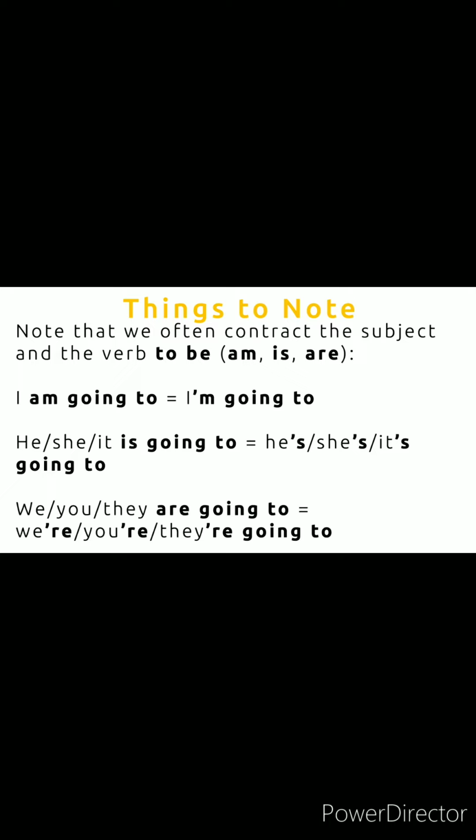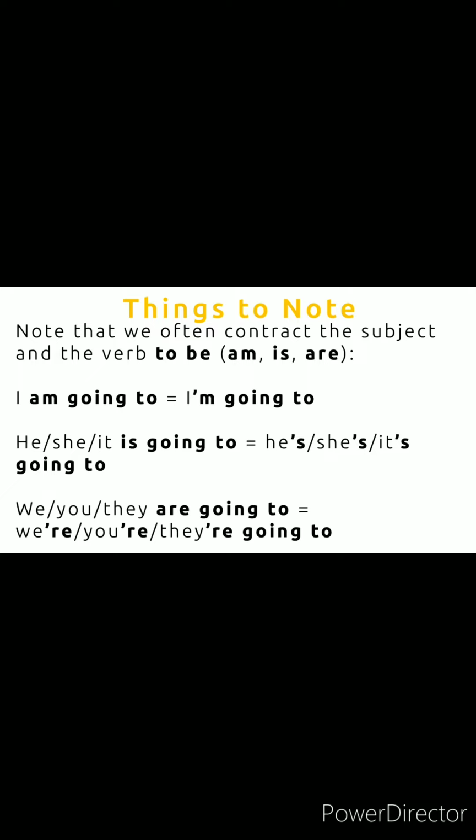When you use he, she, and it with going to, you can contract the subject with is. So you can say he's going to, she's going to, or it's going to. For example, he's going to visit Japan.